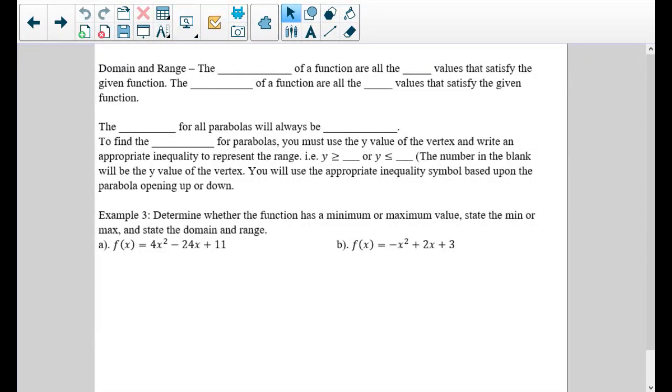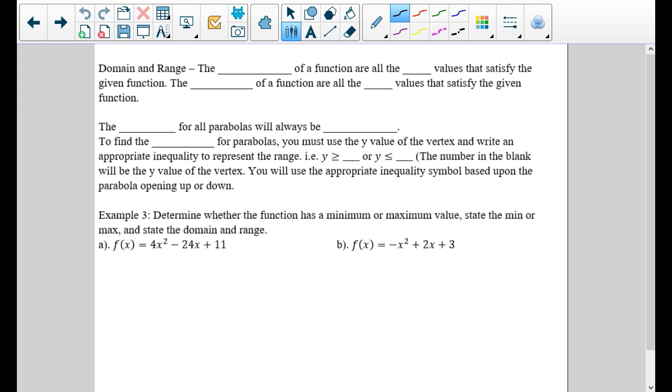So part 2 here, graphing these quadratics. Domain and range. It doesn't change from what you learned at the beginning of the year. What is the domain? Yeah, the x values, right?